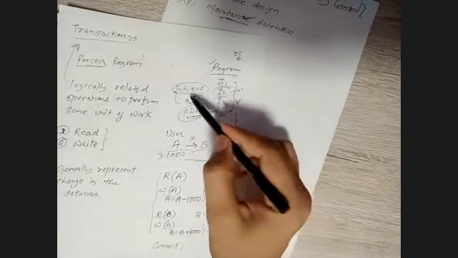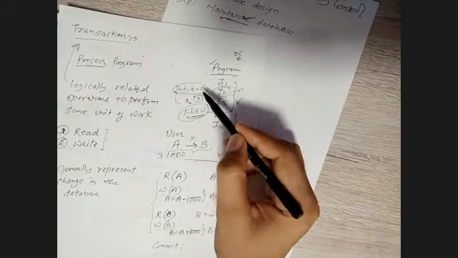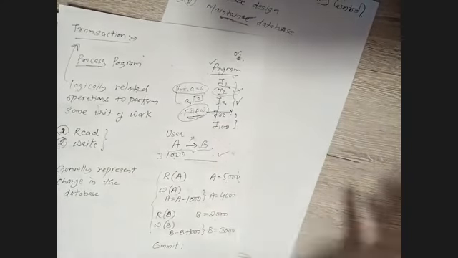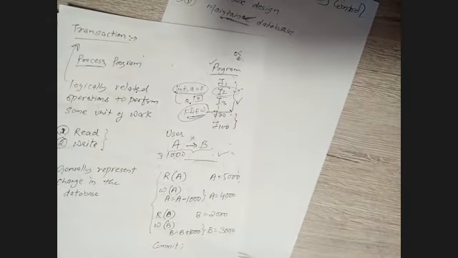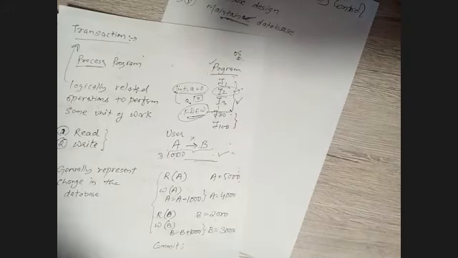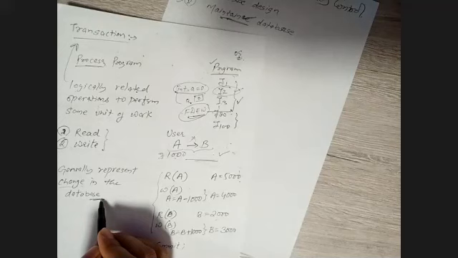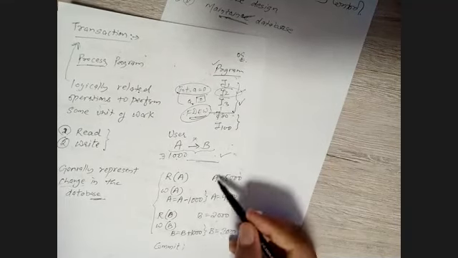We understood that instructions must be atomic. We perform these using four stages, as we have seen in computer organization and architecture. Transaction means we are changing some data values in the database, and we have seen an example here.